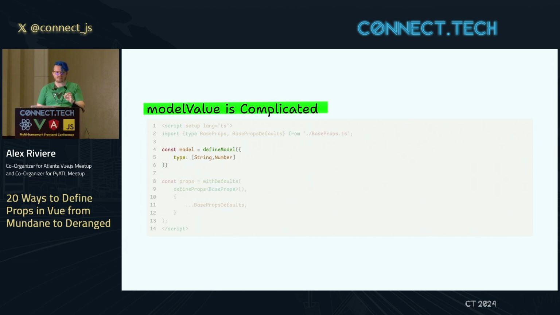I'm now doubting myself, but I believe that it's a compiler macro. So what this does is it returns essentially a fancy computed value that when you get the value, it'll pull the model value prop. When you set the value, because we're dealing with refs, so it'd be model.value equals blah, it will then emit an event up for you and keep everything in sync.